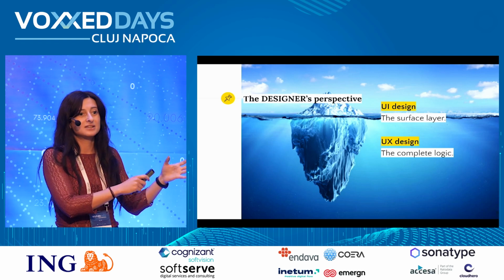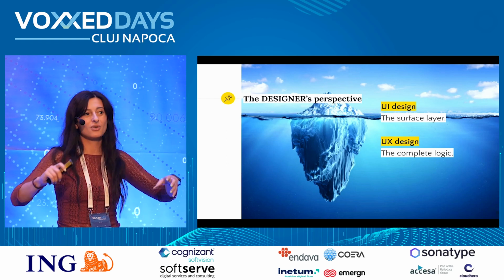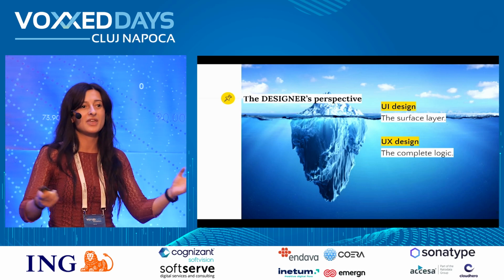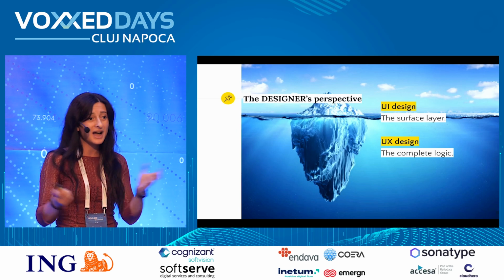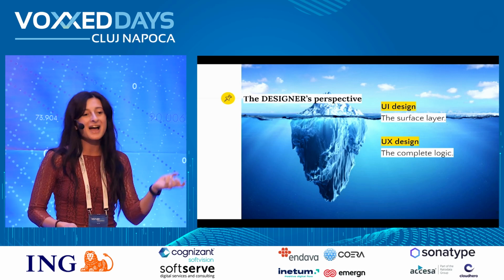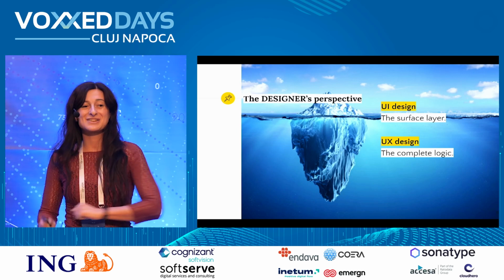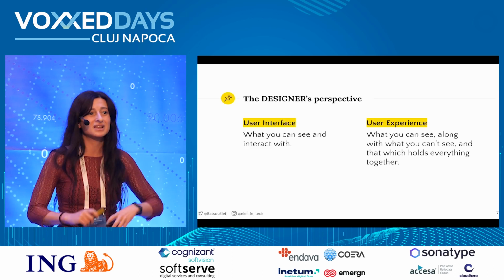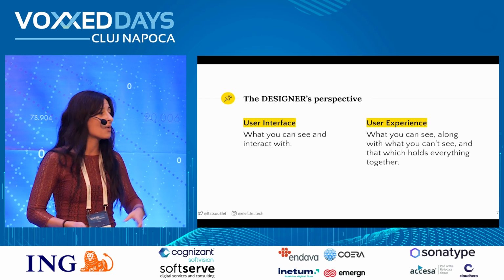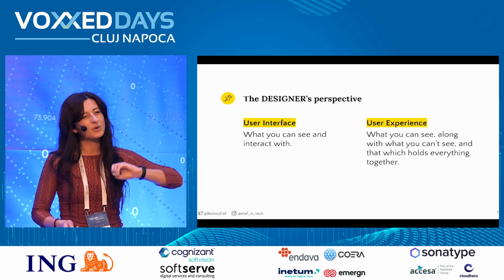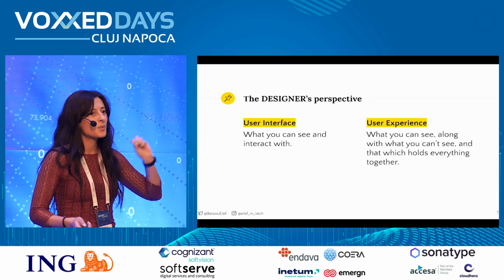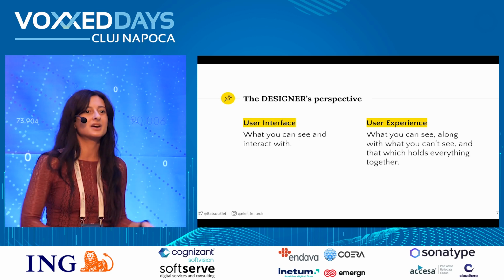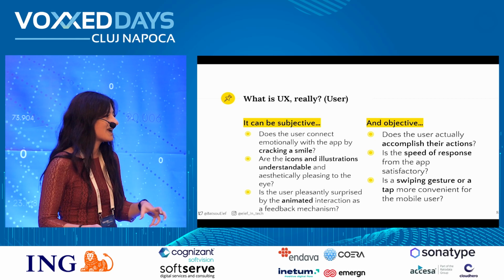To have an icicle, we don't have only the ice and the tip. We have a whole mountain underneath that. We have the weather. It has to be cold. It has to be icy. All those things make the UX. So the UX is what the user feels, interacts with, and what holds everything together, whereas UI is only what we see. We can't have UI without UX, and UI is part of UX.